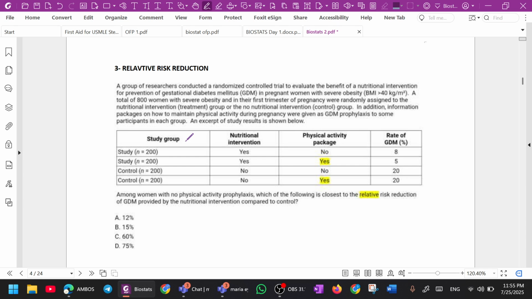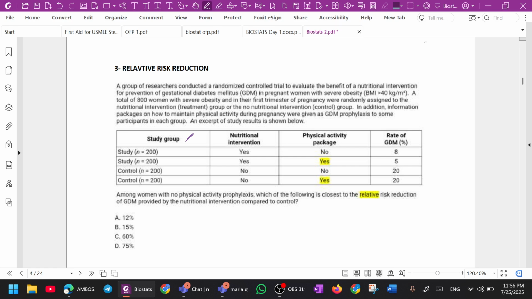A total of 800 women with severe obesity in their first trimester of pregnancy were randomly assigned to the nutritional intervention treatment group or the no nutritional intervention control group. In addition, information packages on how to maintain physical activity during pregnancy were given as GDM prophylaxis to some participants in each group. An excerpt of study results is shown below.